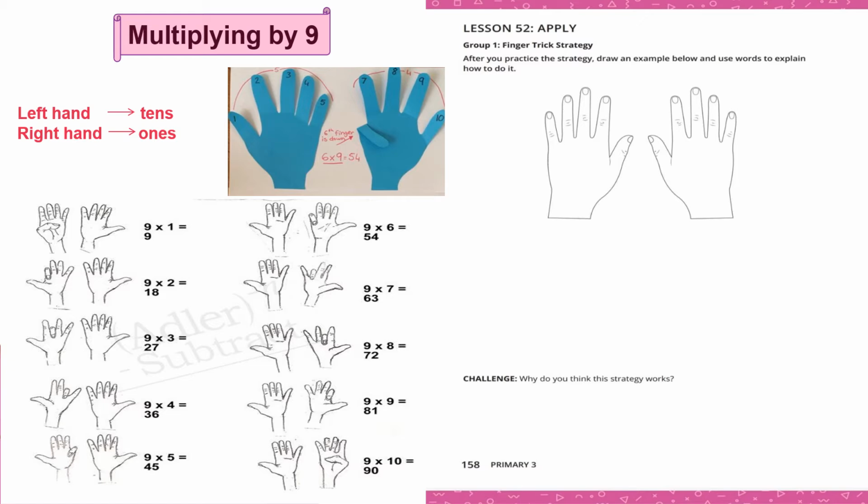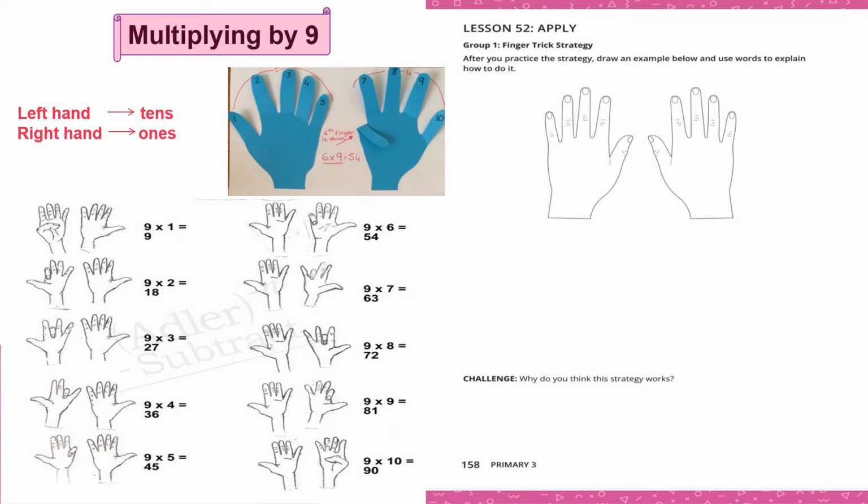Let's practice more to get another result. Started from 9 times 1. Here, look at the other number, it is 1. The first step, look at the other number. The second step, bend down finger number 1. Do you have fingers on the left side?